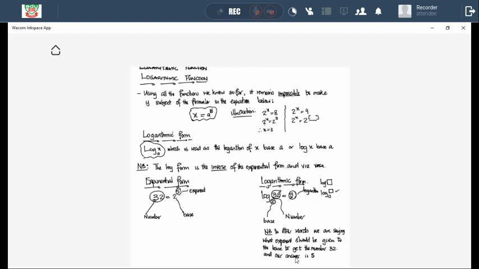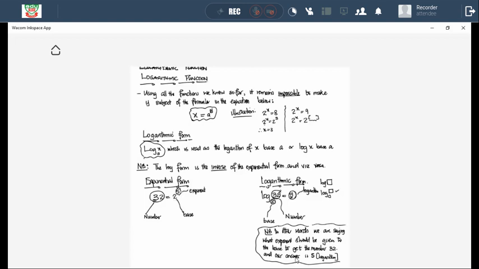So that 5 is what we are now calling the logarithm. This is very, very important reasoning. This is summarizing the logarithmic form.